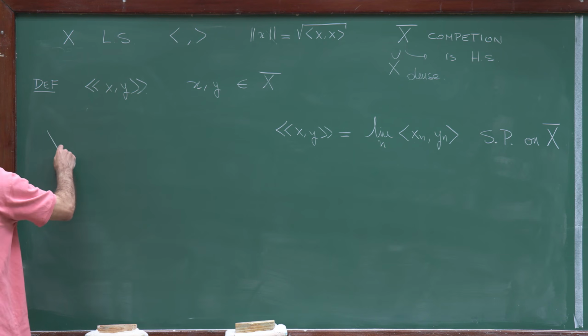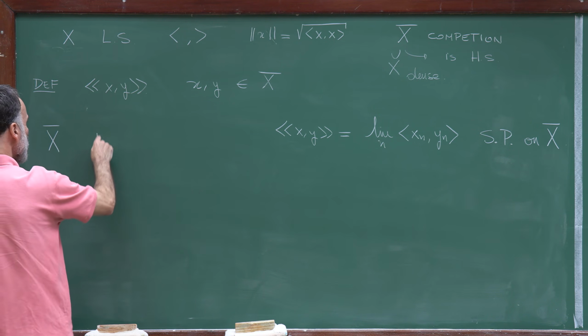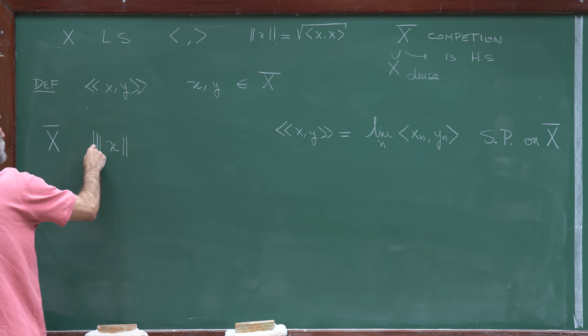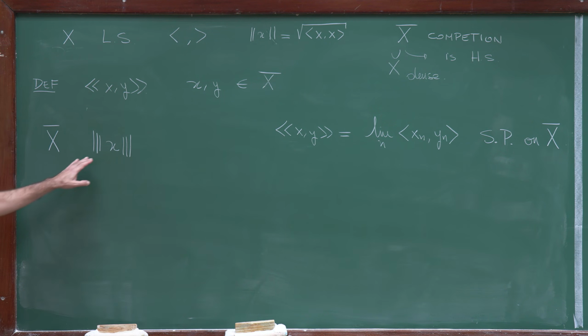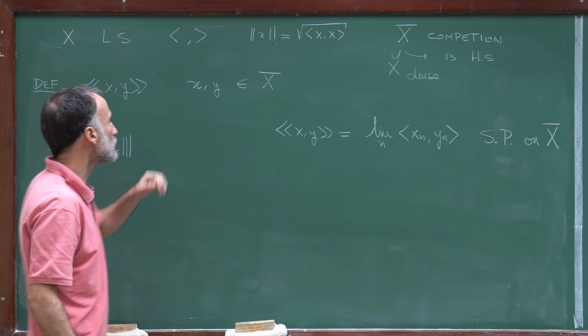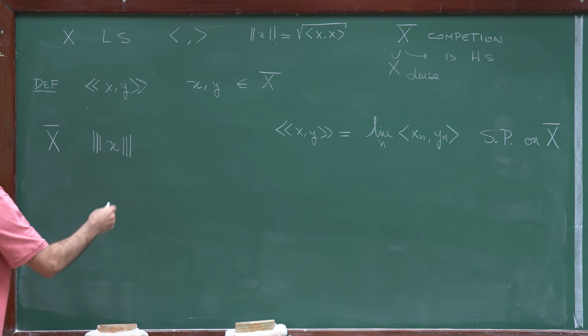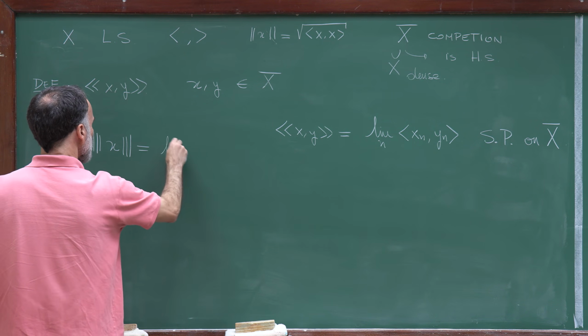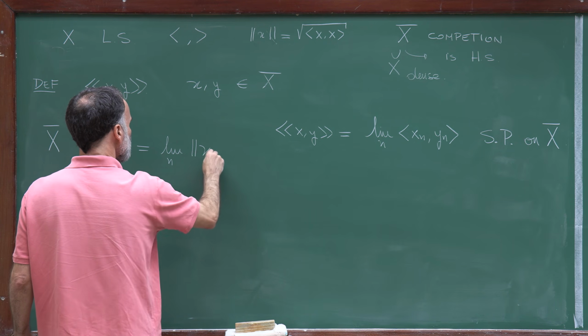So on X bar, we have a norm. Let me represent the norm with a triple bar, just to differentiate it from the norm defined in X. This norm was obtained as the limit of the norms of xn.